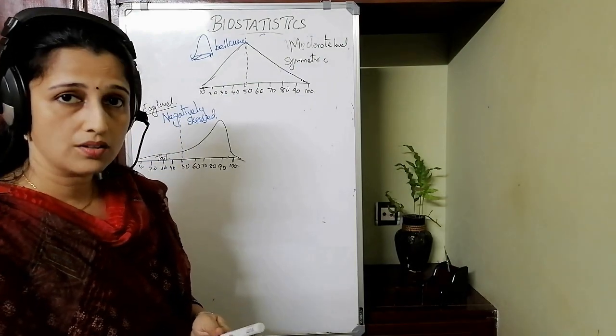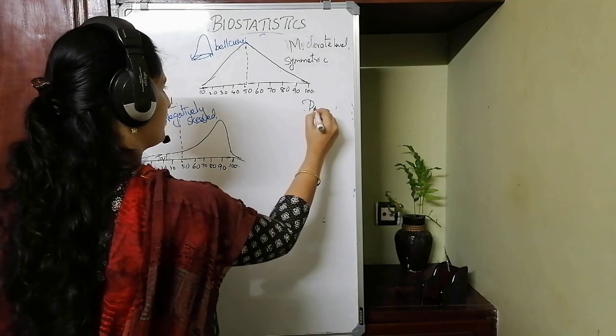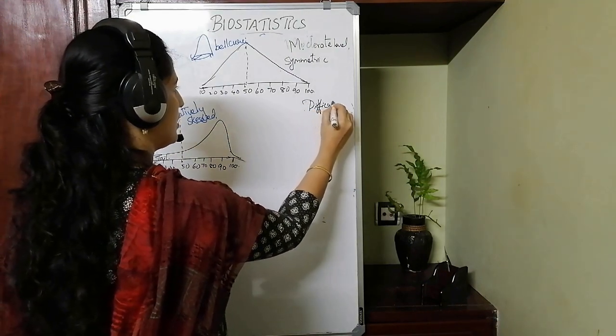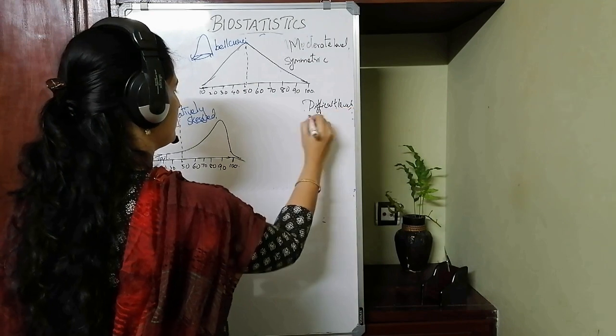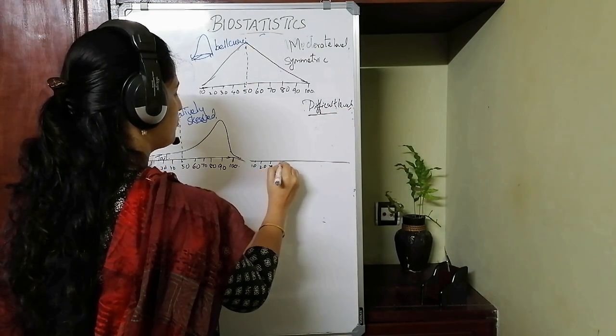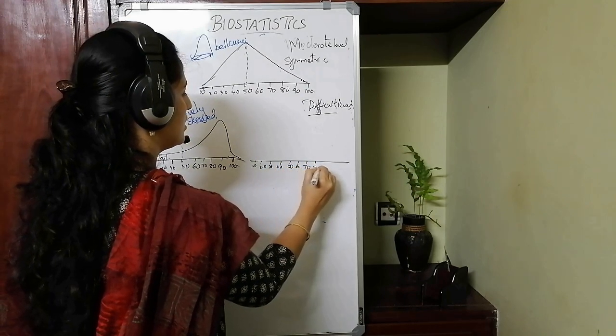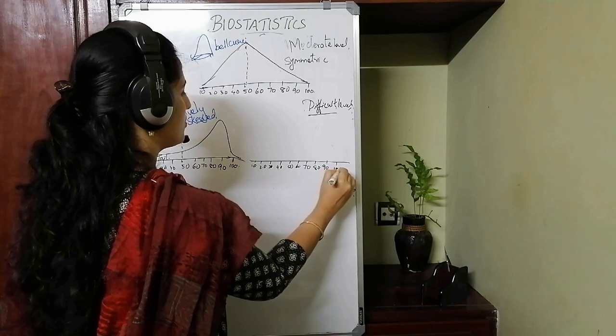And now let's plot a graph for a difficult level exam. Difficult level exam. If we plot a graph 10, 20, 30, 40, 50, 60, 70, 80, 90 and 100.